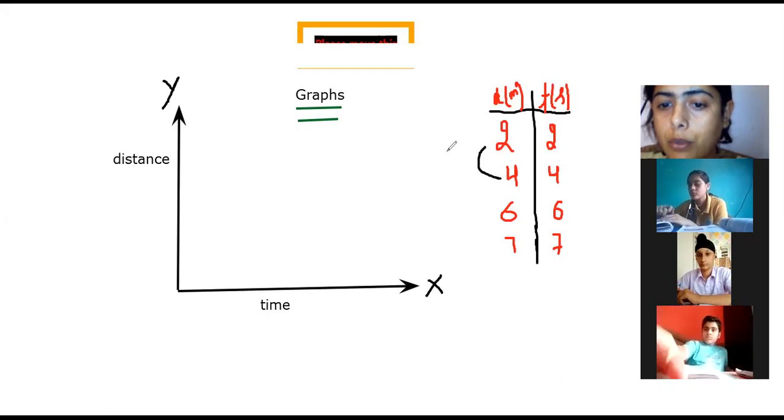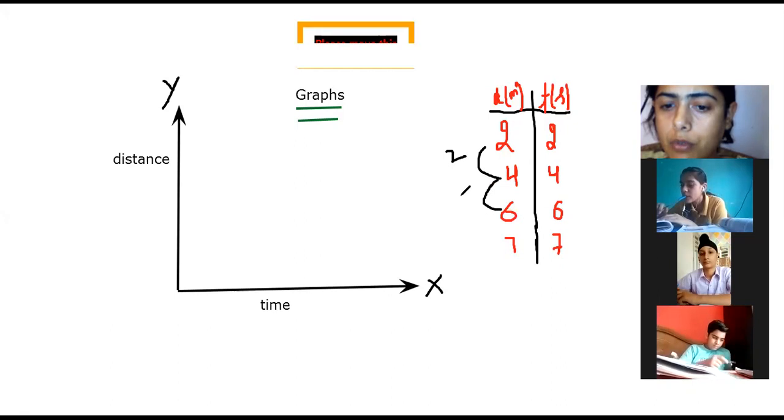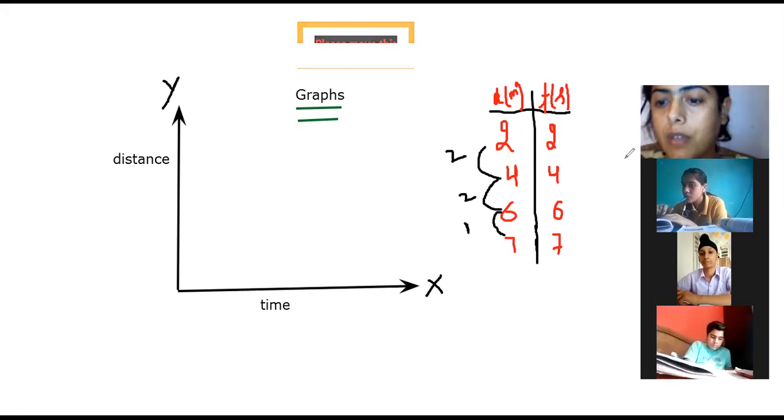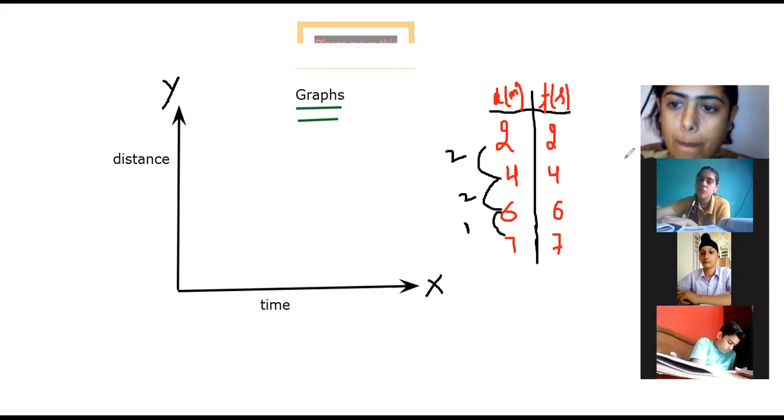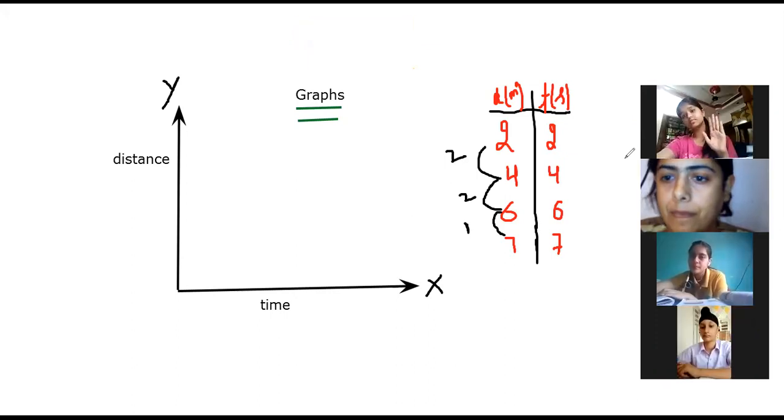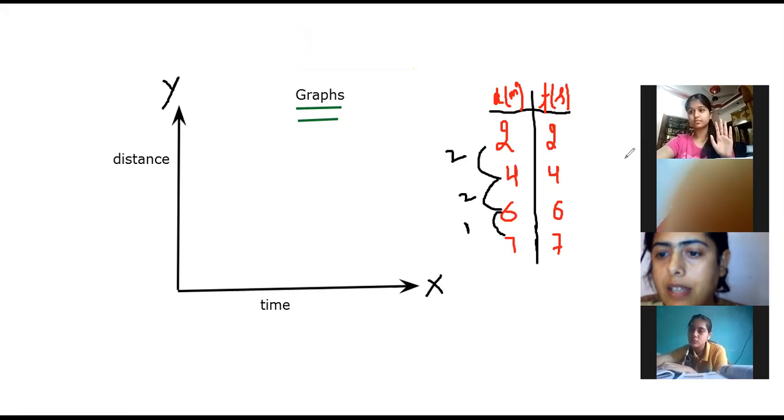Here you have 2 to 4, a gap of 2. 4 to 6, a gap of 2. 6 to 7, a gap of 1. And the same you go with the time. Hanji, anybody, is this uniform or non-uniform? Yes, Himanshu.